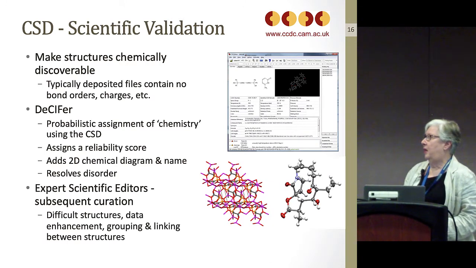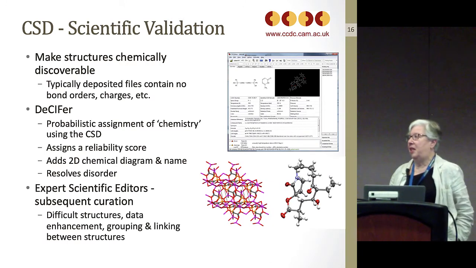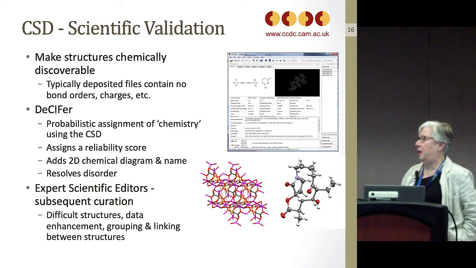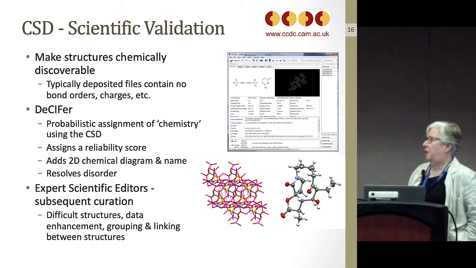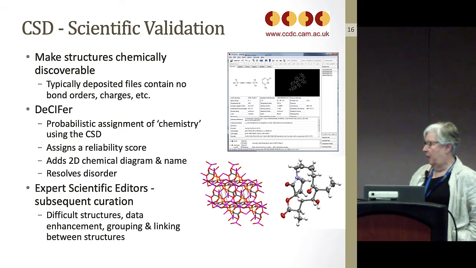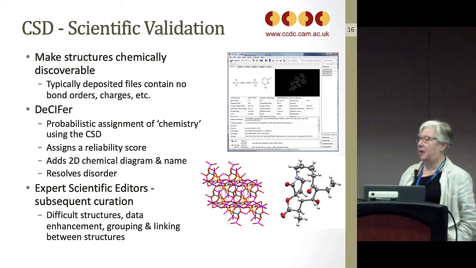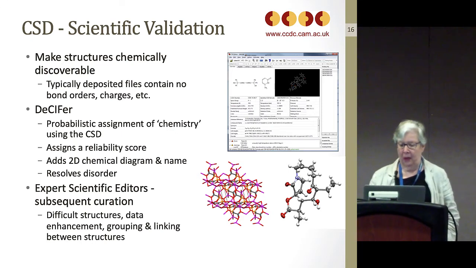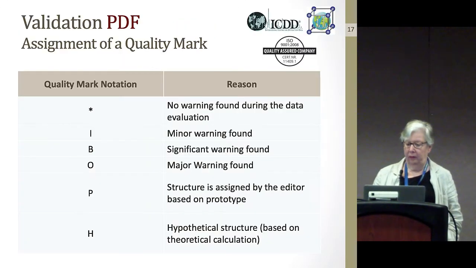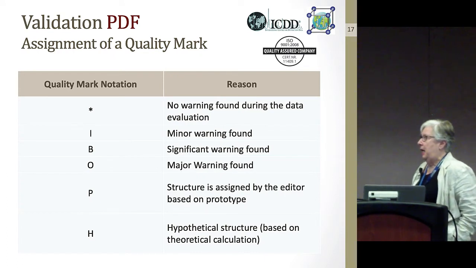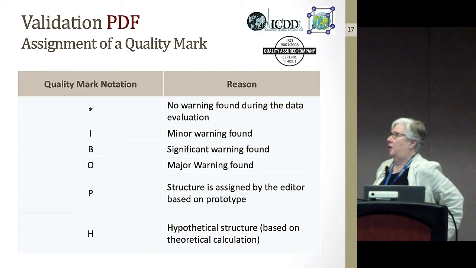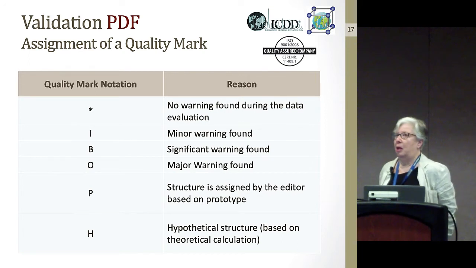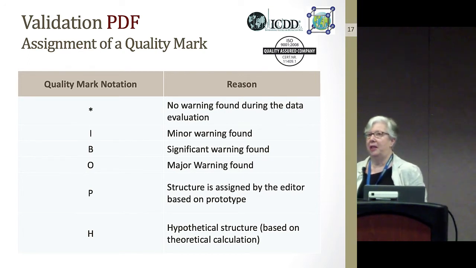The scientific validation, the point for the CSD, is to make the structures chemically discoverable, and that is why it's necessary to try to figure out the chemistry of what is going on, what's a double bond, a single bond, and so on. And there are expert editors who do that. The CSD assigns what's called a quality mark, and you get graded as to how good the data are.